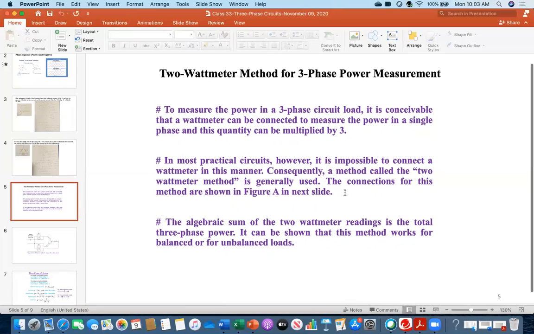Consequently, a method called the 2 wattmeter method is generally used. The connections for this method are shown in the next slide. The algebraic sum of the 2 wattmeter readings is the total three-phase power. This means that if you get the readings from 2 wattmeters and sum them, that will give you the three-phase power.